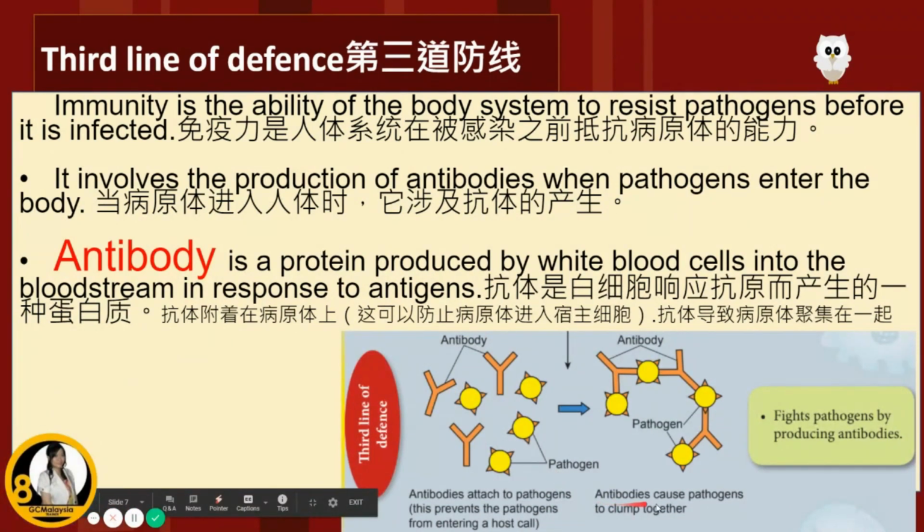Okay. Antibodies cause the pathogens to come together. So our body fights pathogens by producing antibodies.